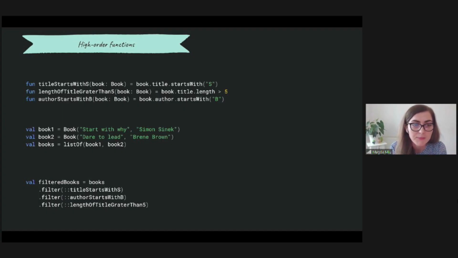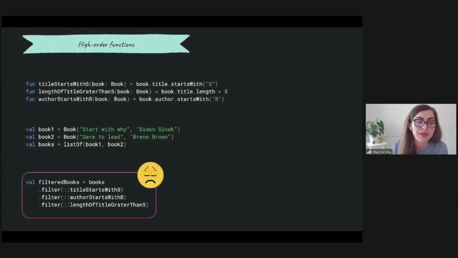If we check this example, we see that we have this book class, this book object. We applied some filters, some functions, in order to filter the information based on the author or the title of the book. After that, we have a list of books and we apply those functions.